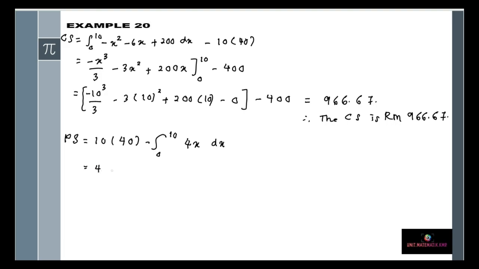So this one is 400 minus 2x squared from 0 to 10.